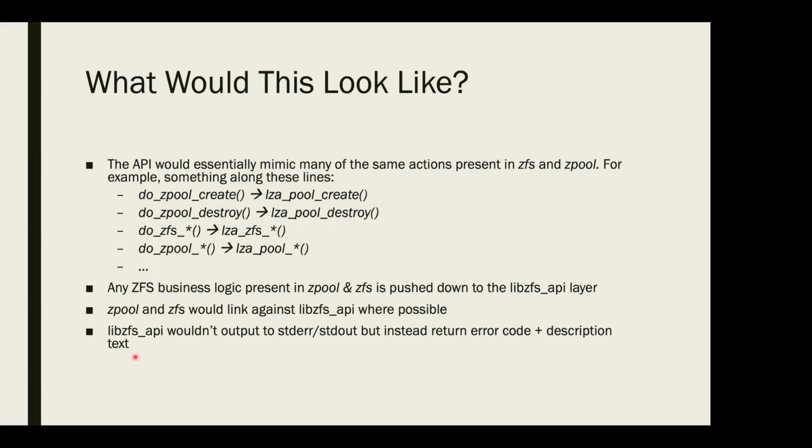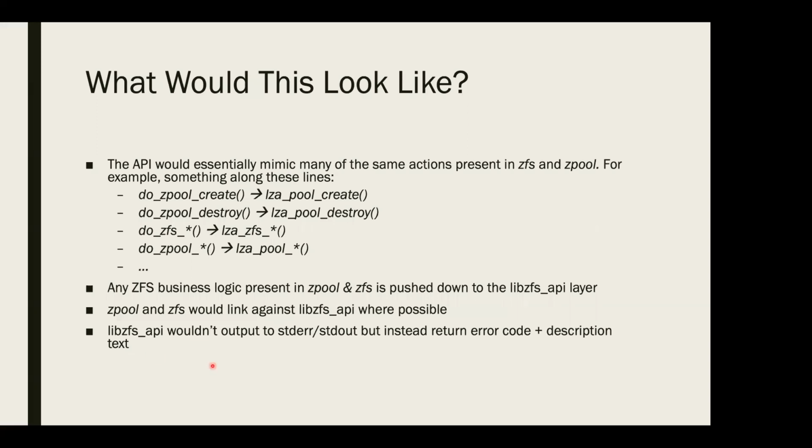The libzfs API wouldn't output to standard error or standard out. You just return error codes and descriptions, leaving the client in charge of how to output that. If it was a REST server, it would return JSON-formatted error text. If it's the CLI, it decides to output to standard error or standard out. We would leave that control on the client, but they would have all the data necessary to make those decisions.